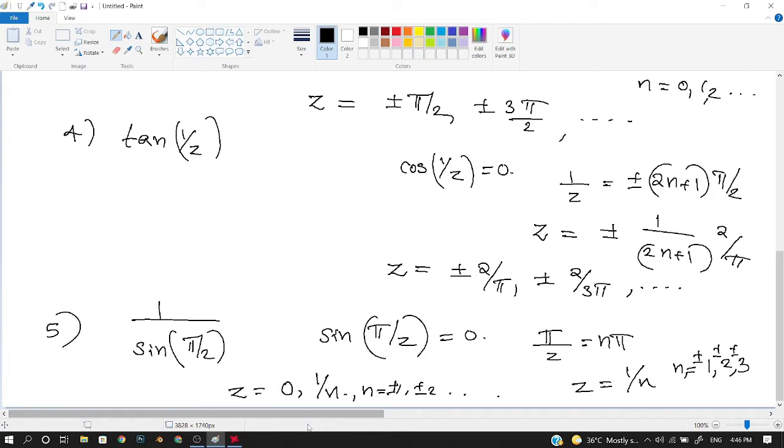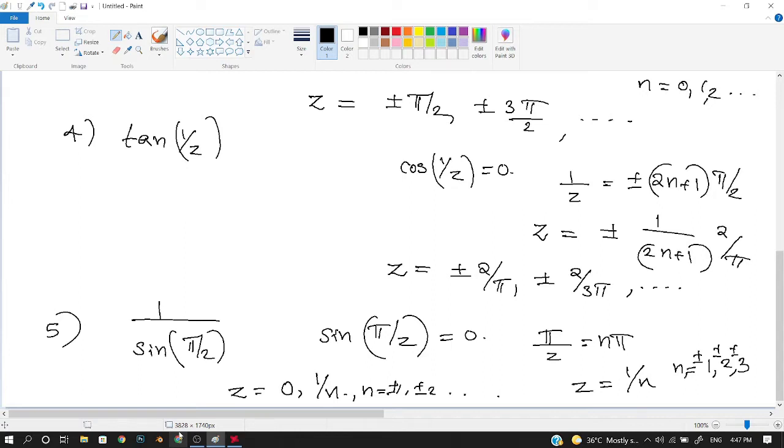Okay. Now here you can see that z equal to 0 is a non-isolated singular point, because there are so many singularities in the neighborhood of z is equal to 0. All other singularities lie between minus 1 and 1.